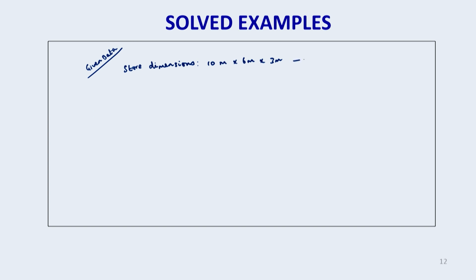This is normally length into width into height. So L is equal to 10 meter, width is equal to 6 meter, and height is equal to 3 meter.